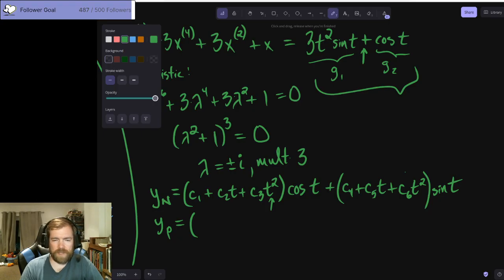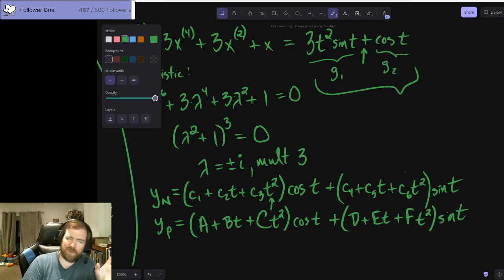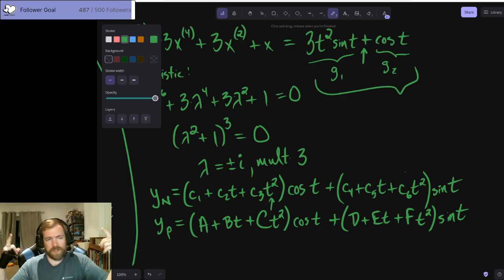So we have to include that as part of our polynomial that we use for this. So we would say that this is a plus bt plus c t squared times cosine of t plus d plus e t plus f t squared all times sine of t. But then we can't do this because this is all part of our null space solution.